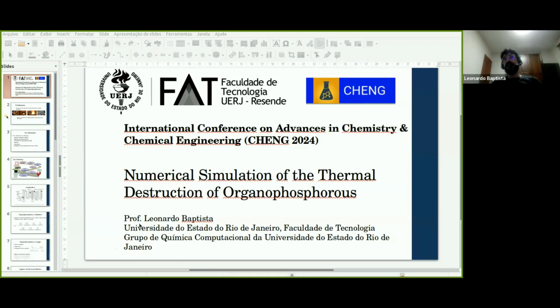It has this basic structure. The VX is a family of chemical weapons, poisonous materials, and some countries have their own version of the VX chemical weapon.